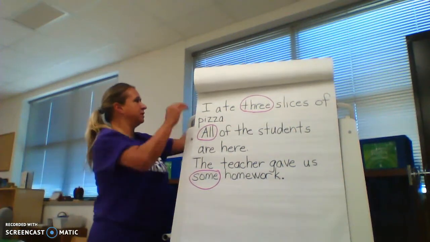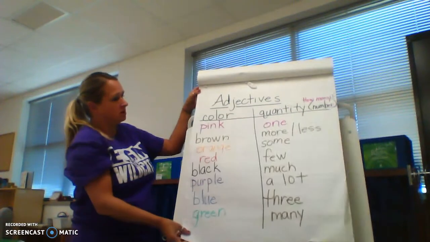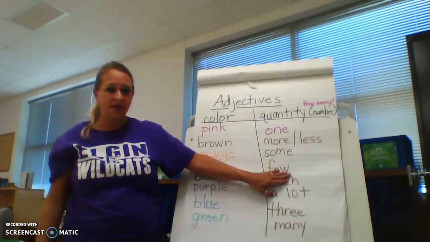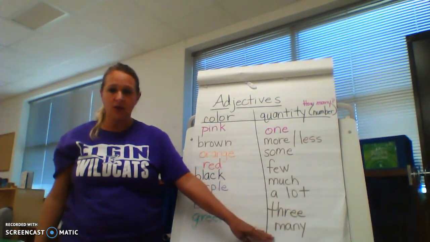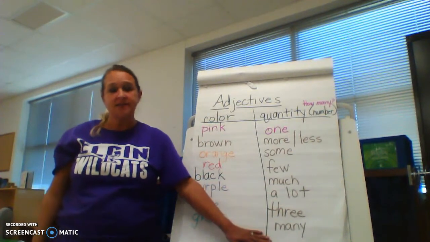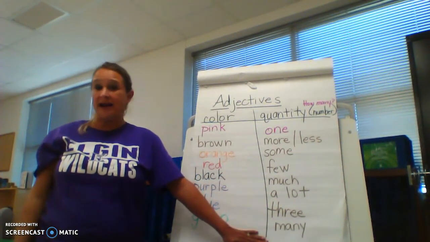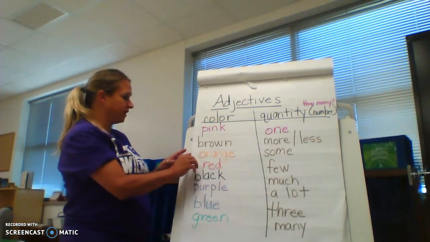Or we can look back at our words here. More, less, some, few, much, a lot, three, or many. Okay, so you're going to want to come back and look at this page so you know what adjectives to add to your sentence when you find something.